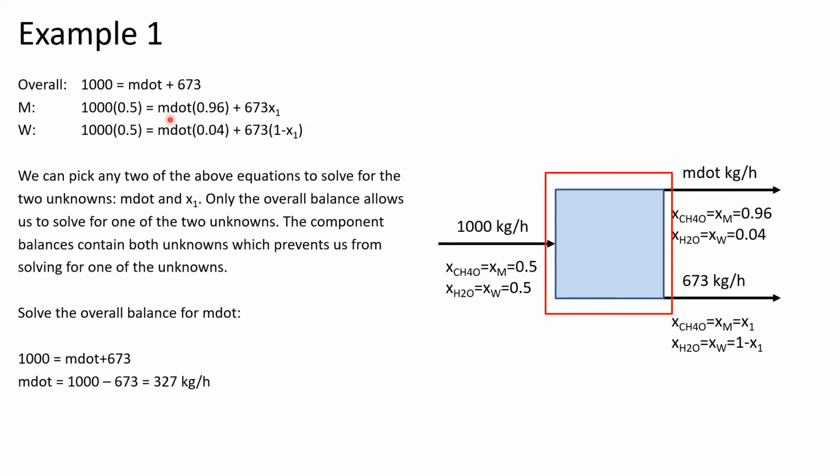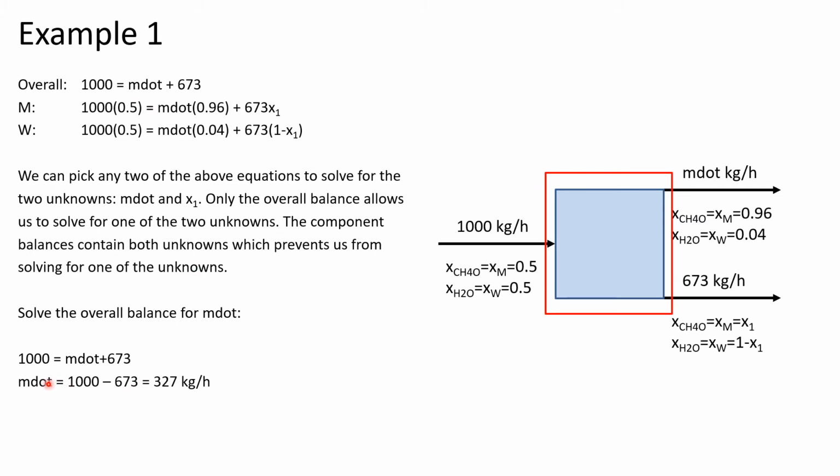The methanol balance has m dot in it and x1. The water balance has m dot as well as x1. We can't solve for one of these unknowns from one of these equations. We could solve the two equations simultaneously for these two unknowns. Well, that's a little bit more work than just taking the overall balance and solving it directly for m dot, because we can do that.